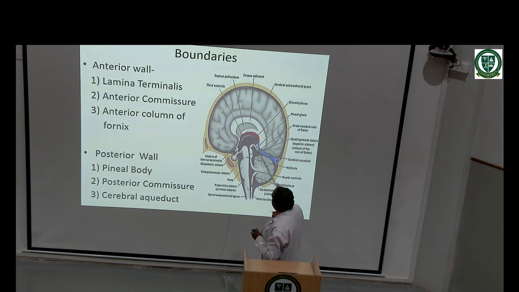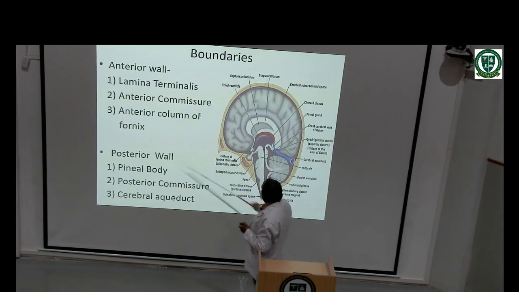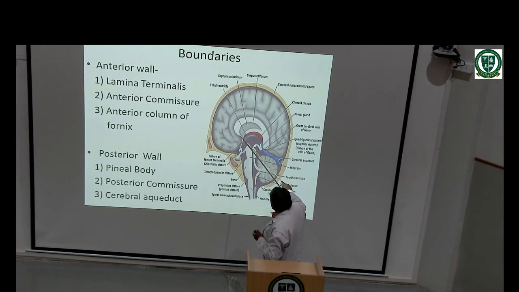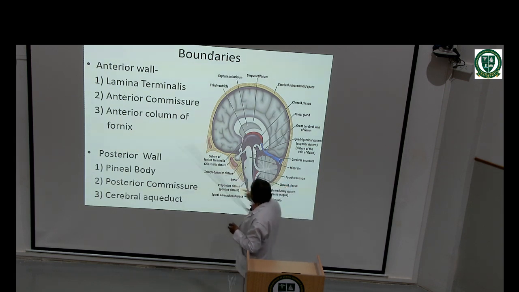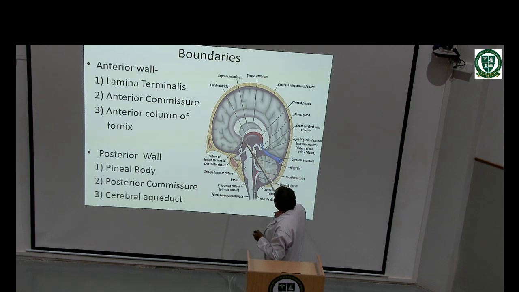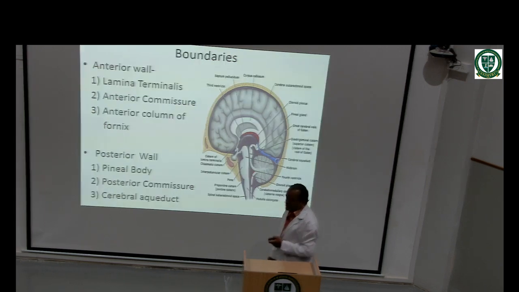So this forms one part of the anterior wall. Next, lamina terminalis. This is the lamina terminalis. Next, anterior commissure, this bulging. So this part forms the anterior wall of the third ventricle.